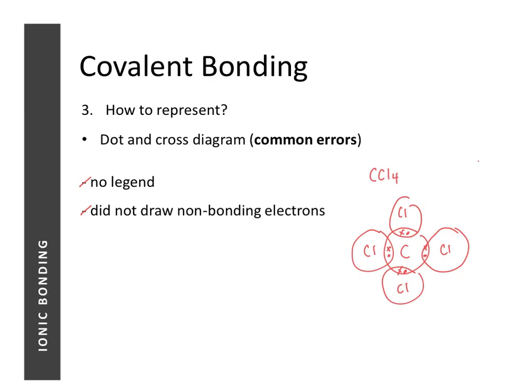The reason being chlorine has 7 valence electrons, so after sharing 1, it should have 6 remaining. Please bear in mind this common mistake that students make, and do not make it in your own assignment or test.